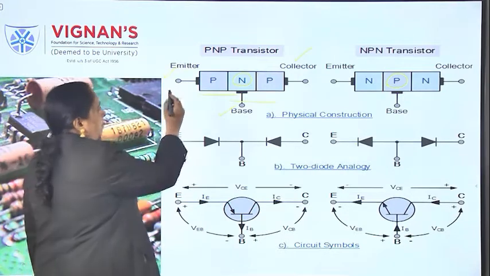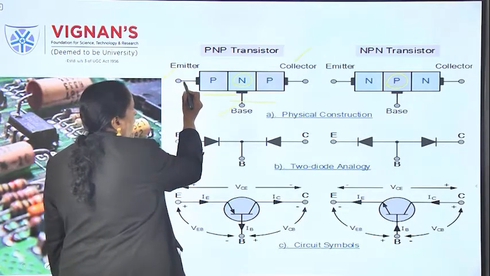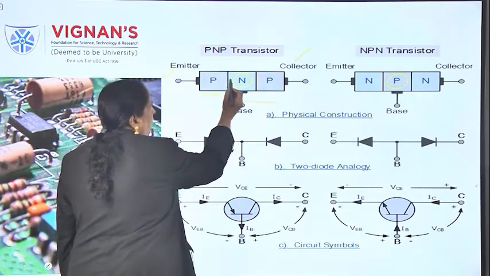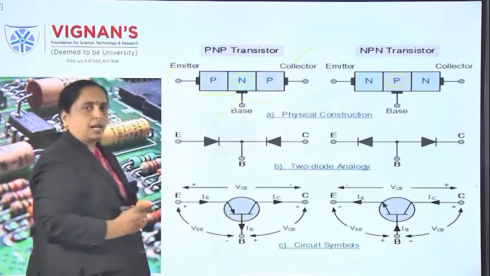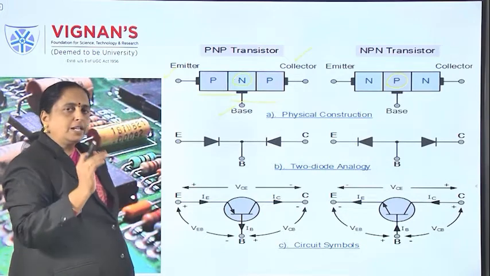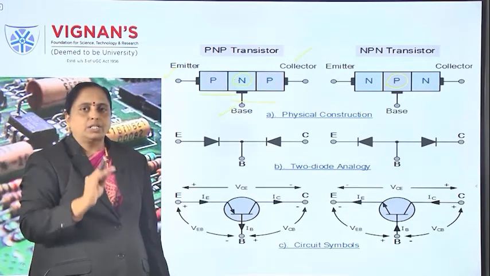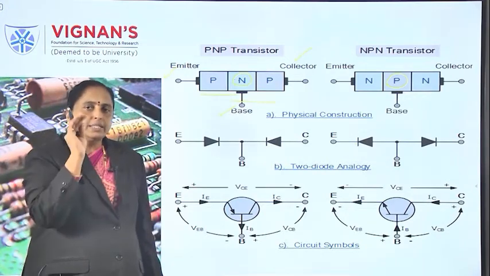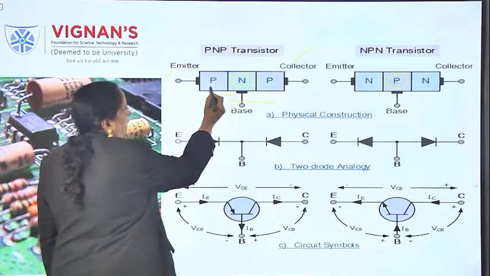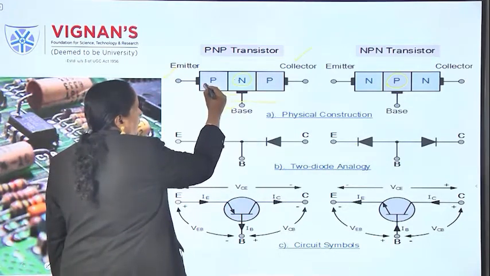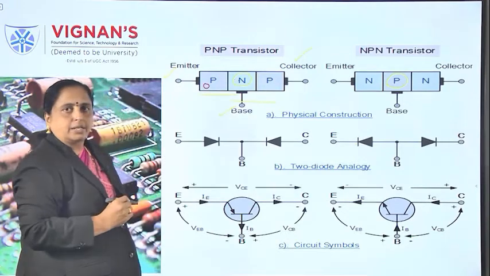So here the majority charge carriers start from the emitter, from P to N side via base, and they reach the collector. So always the arrowhead indicates the conventional current direction, that is the direction of holes movement. In case of a PNP transistor, holes are majority charge carriers.